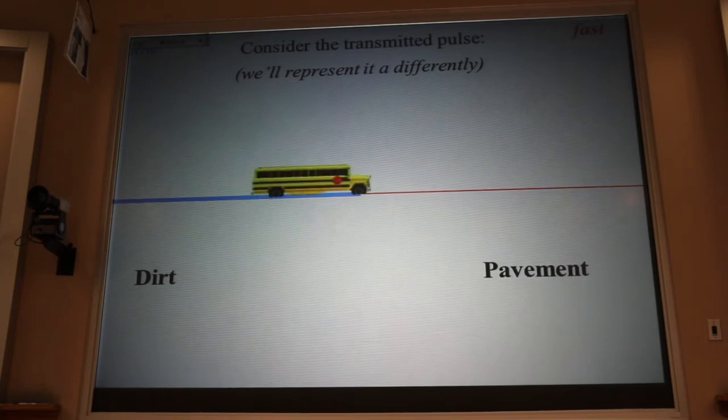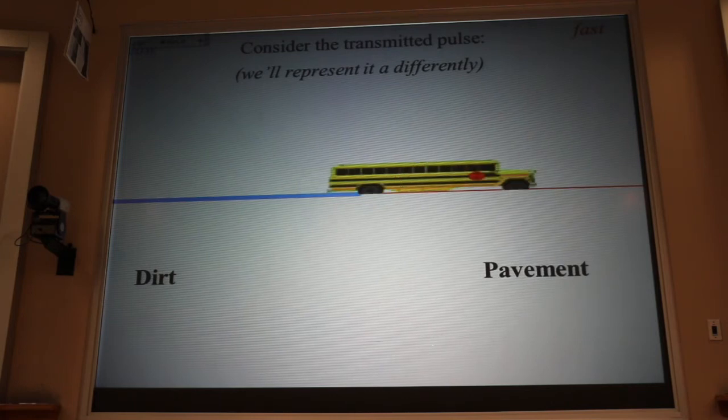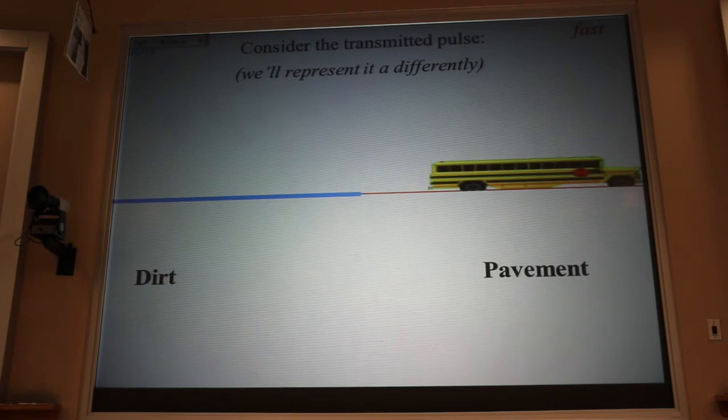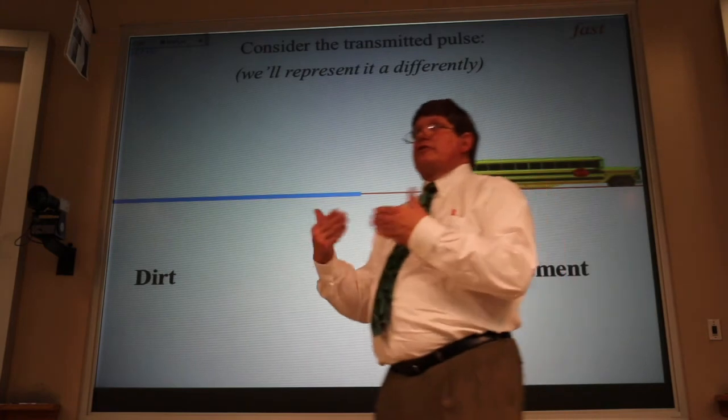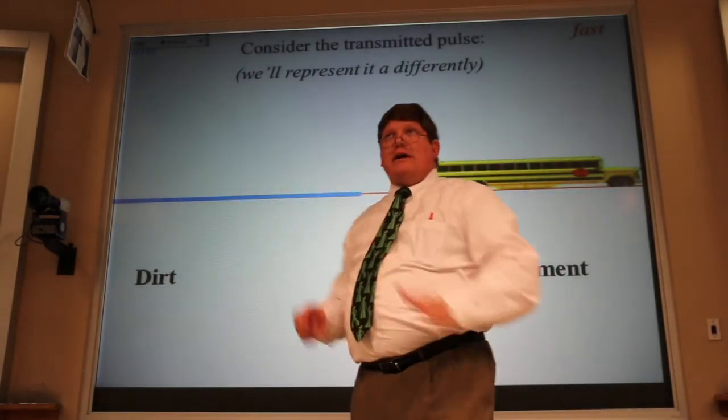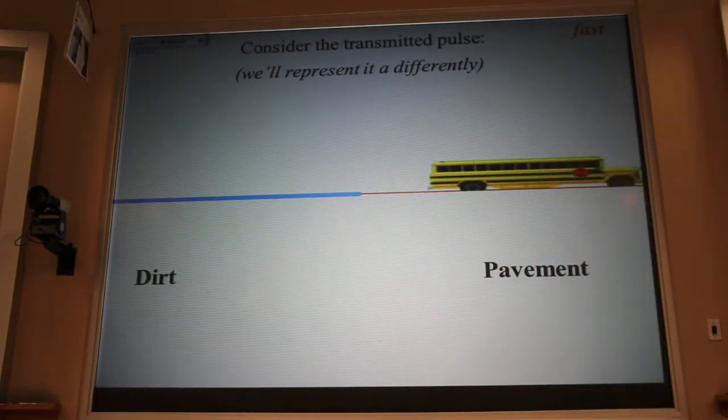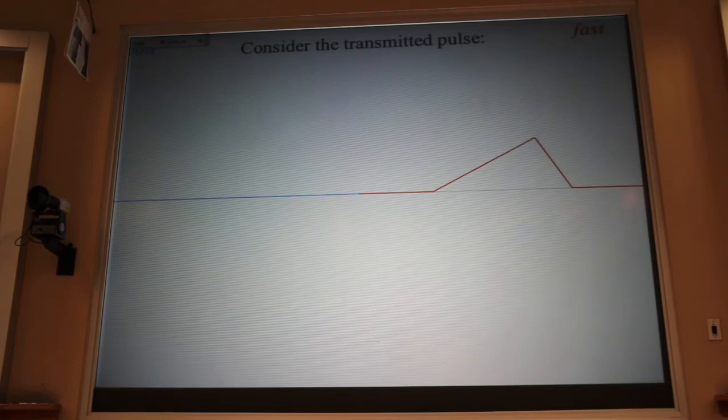Now when it gets to that boundary, the front of the bus speeds up. But the back of the bus is still back there in the dirt, going slow. And so sure enough, it stretches out. Okay? Now if it's going the other way, the front of the bus hits the slow side first and slows down, and then you have the pulse shrinking. Okay. So it's going to be wider.